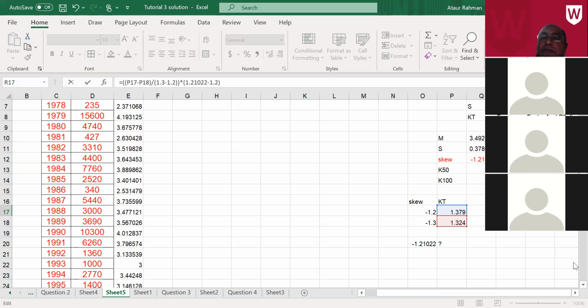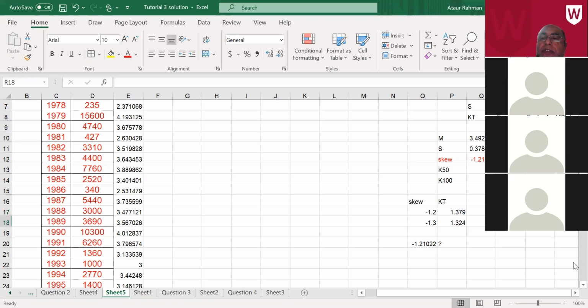So I'm using 1.2 as my reference. That is the difference for the KT value in relation to my reference, 1.379, because I took that as the reference. So my KT for that value would be this minus that, which is our K50.